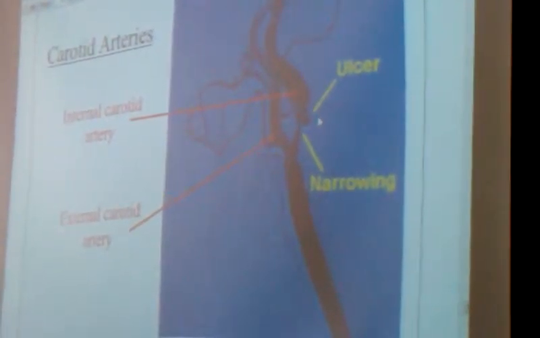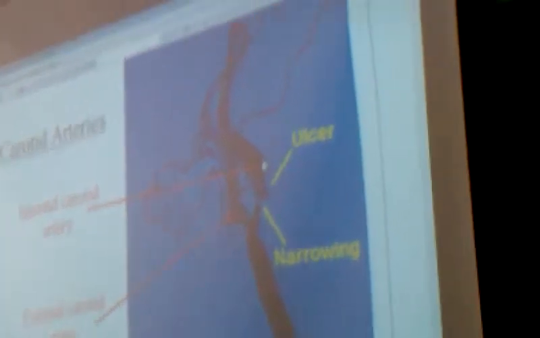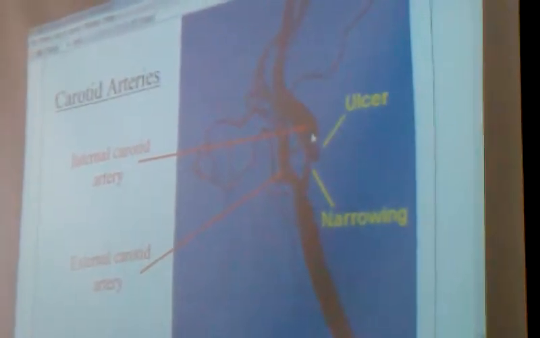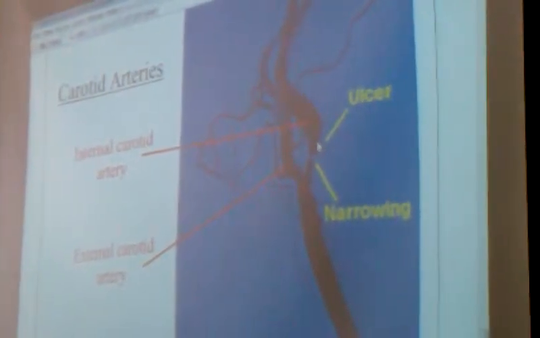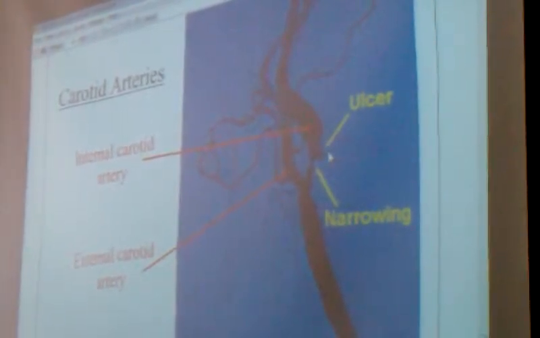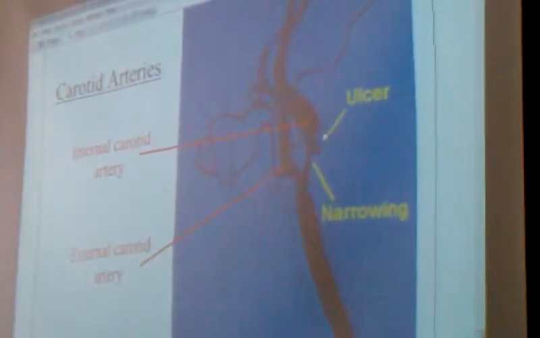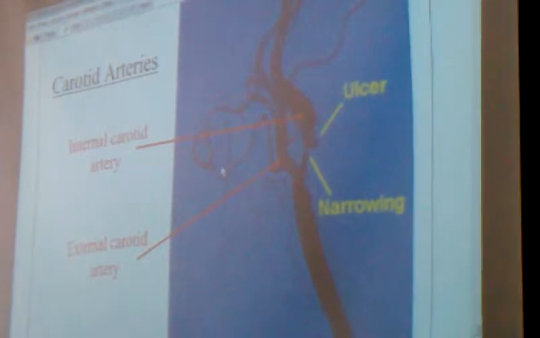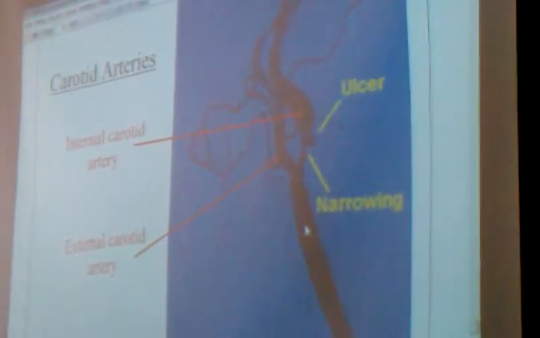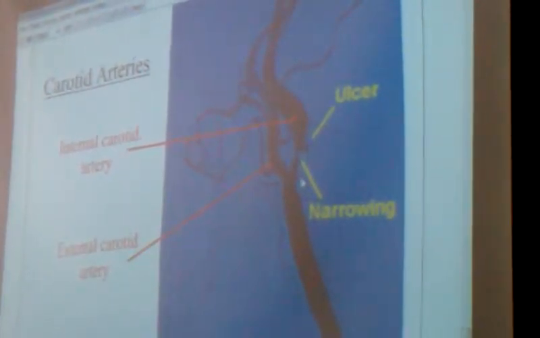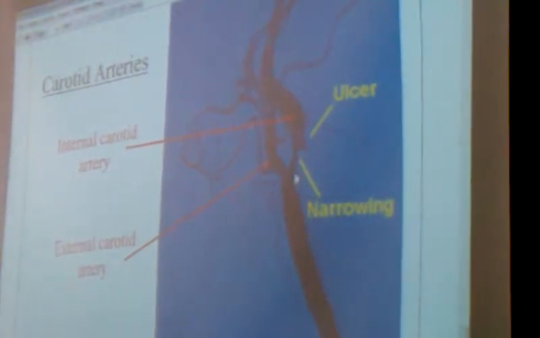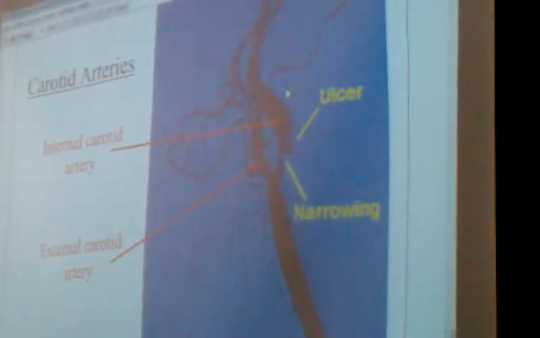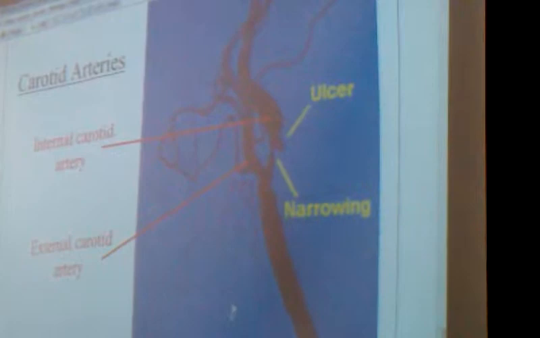And then, just beyond it, and of course that's the internal carotid artery, that's going to our brain. Just beyond it, another plaque has become arteriosclerotic and has formed an ulceration. These are the kind of things that form. This can happen not only in coronary vessels, but also in the carotid arteries. And of course, this is delivering decreased blood to the brain because of those plaques.